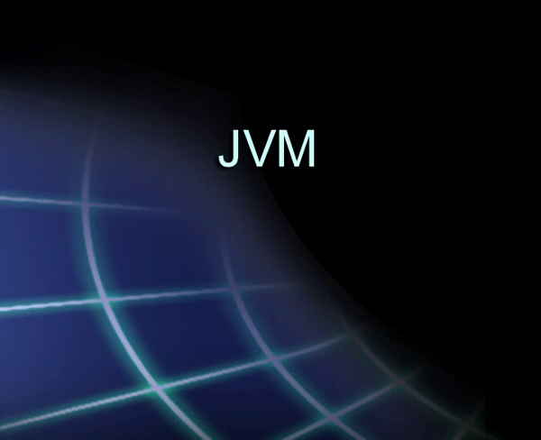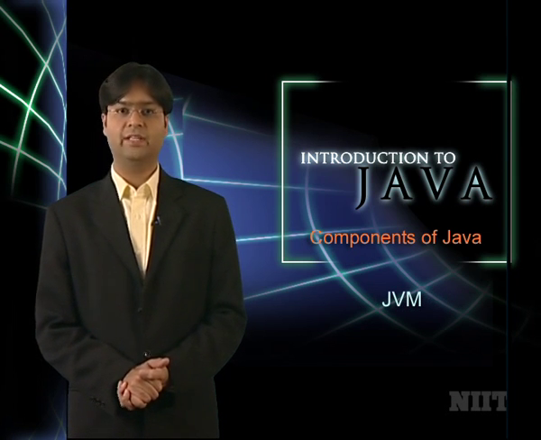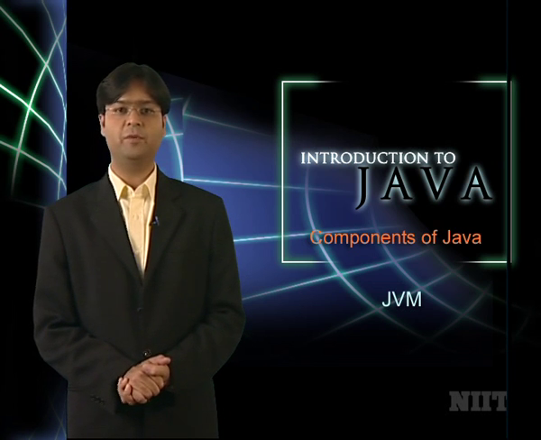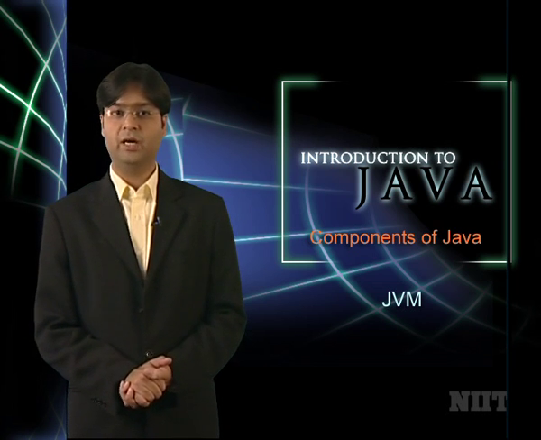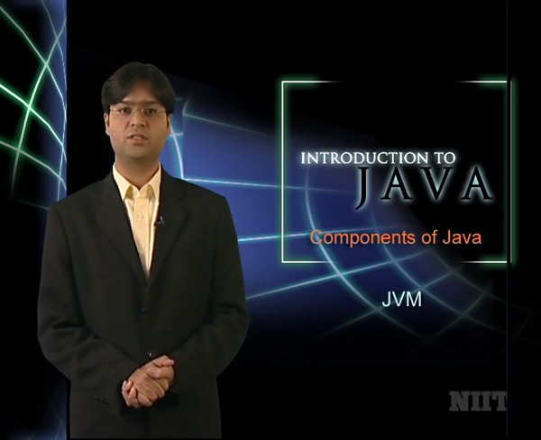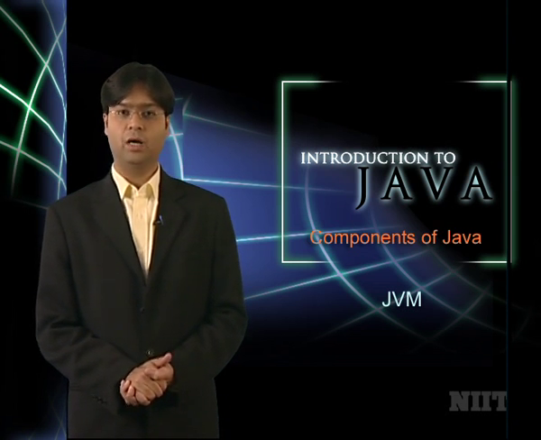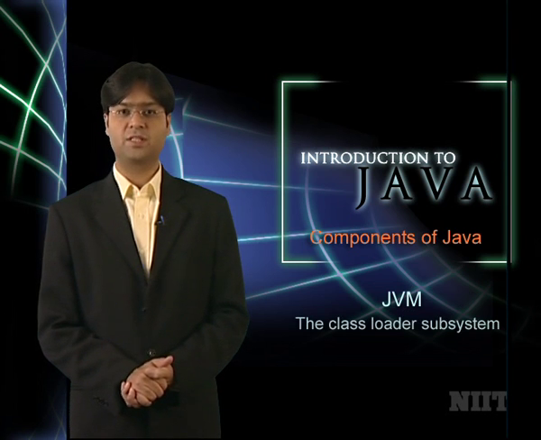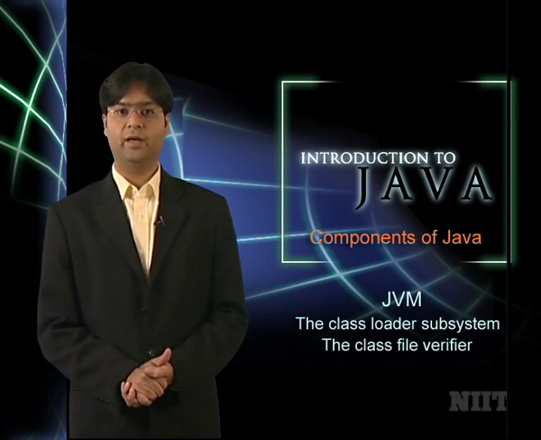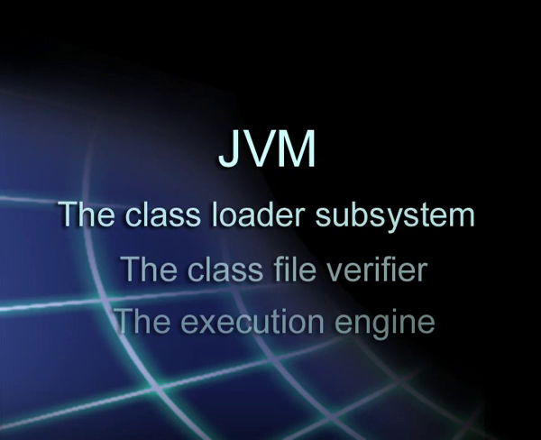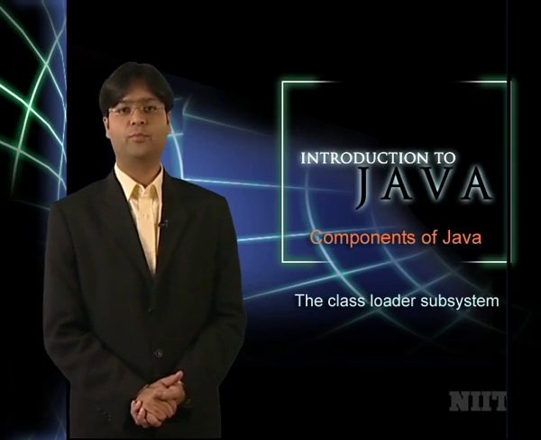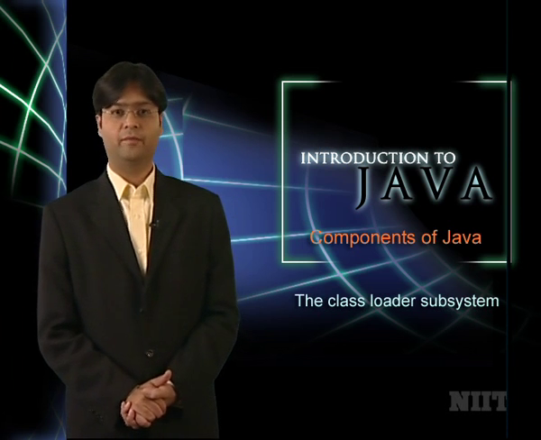Now let's start with the second component called JVM. Java Virtual Machine is an abstract specification that defines features which must be implemented by every JVM, but leaves certain choices to the designers. The components of JVM are the class loader subsystem, the class file verifier, and the execution engine. The class loader subsystem loads the class file of your program and Java API.